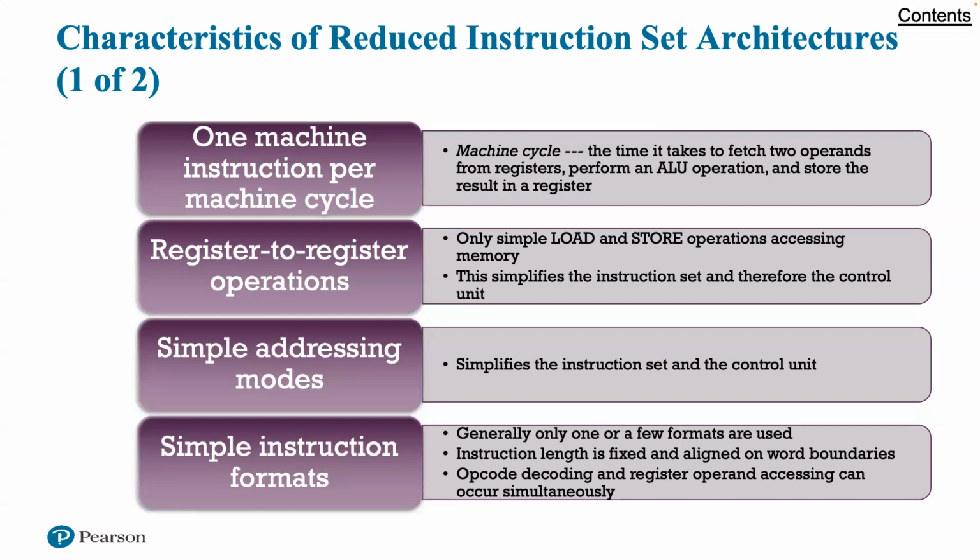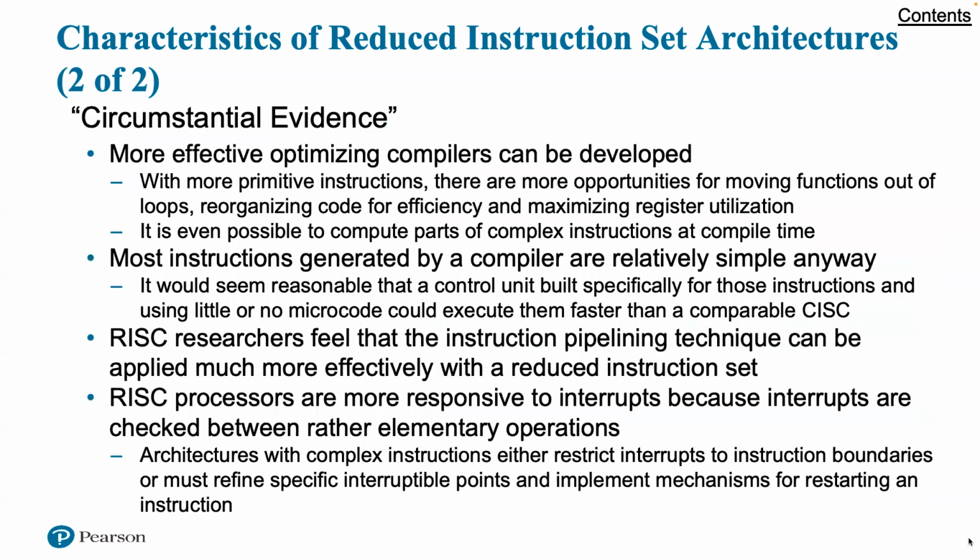Simplified formats simplify the control unit. Instruction fetching is optimized because word-length units are fetched. Alignment on a word boundary also means that a single instruction does not cross page boundaries. Okay, those are the four characteristics of reduced instruction set computers, RISC.